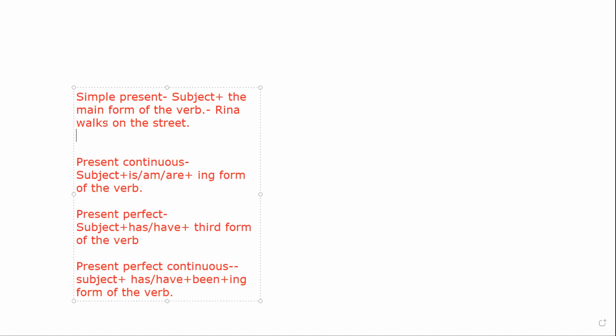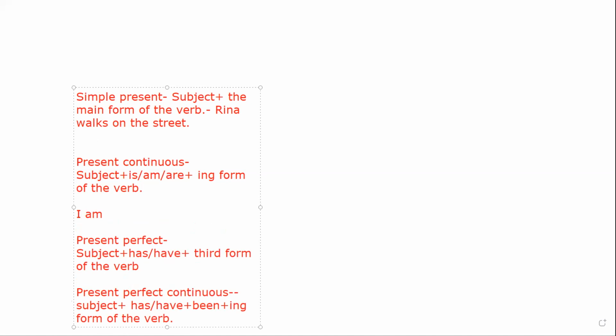So subject plus the main form of the verb, I have used. Work is the verb. Now how I have used it. See, Rina is third person singular. That's why I have added one s with the verb. Now what is present continuous? Subject plus is, am, are plus the ing form of the verb. I am teaching English now. Here I have used I as the subject, and am according to the first person singular.